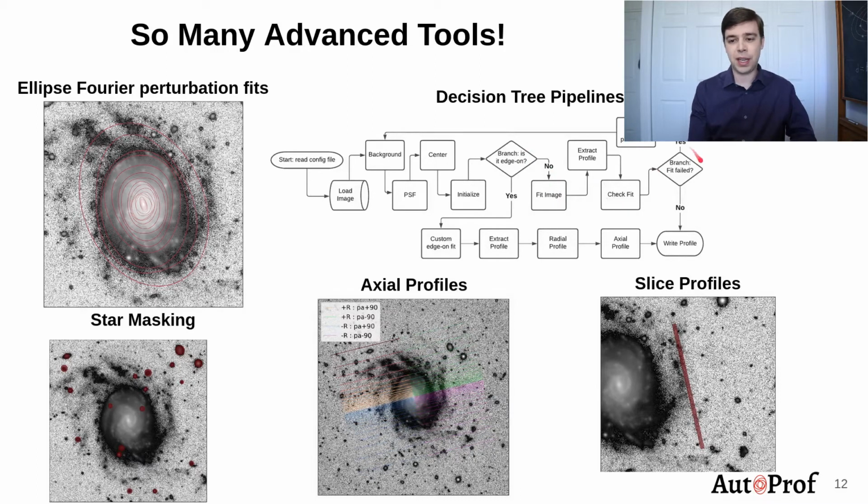You can also test whether or not it failed, and then go back to the beginning after adjusting some parameters until you finally get a point where you're confident in the fit to that galaxy, and then you can write the profile out at the end. These will help you in analyzing more details about your galaxy.